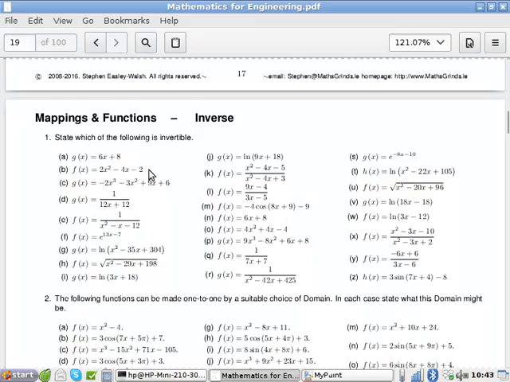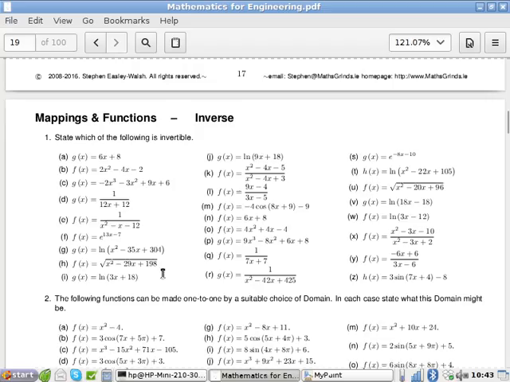B, no. C, no. D, yes. E, I believe no, but I'm not certain. So we might have to check that one. F, yes. G, not certain. H, not certain. I, yes.